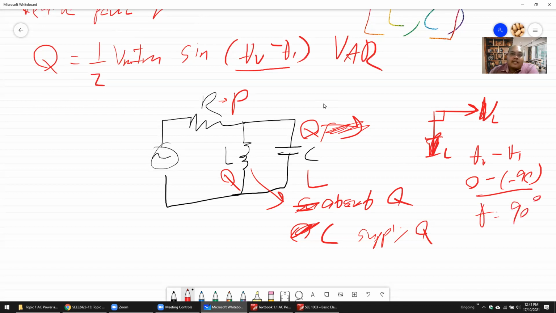Sine 90 degrees is 1, so Q equals positive 1/2 Vm Im.